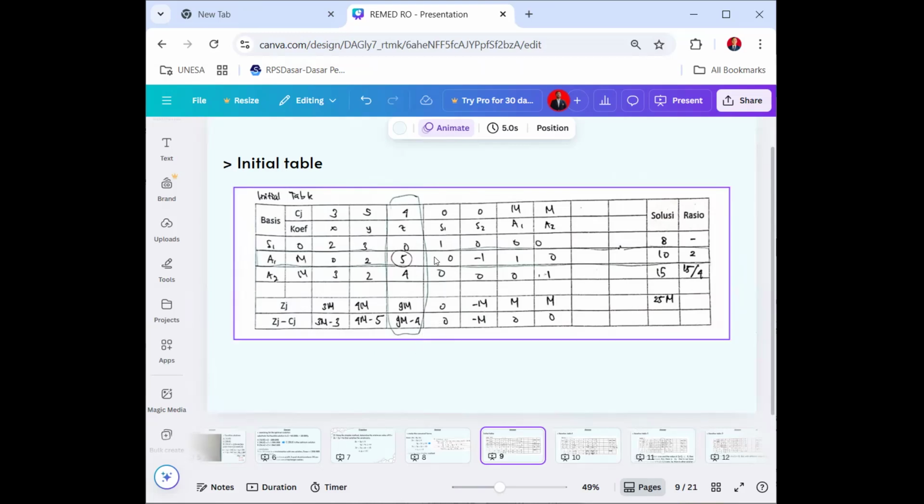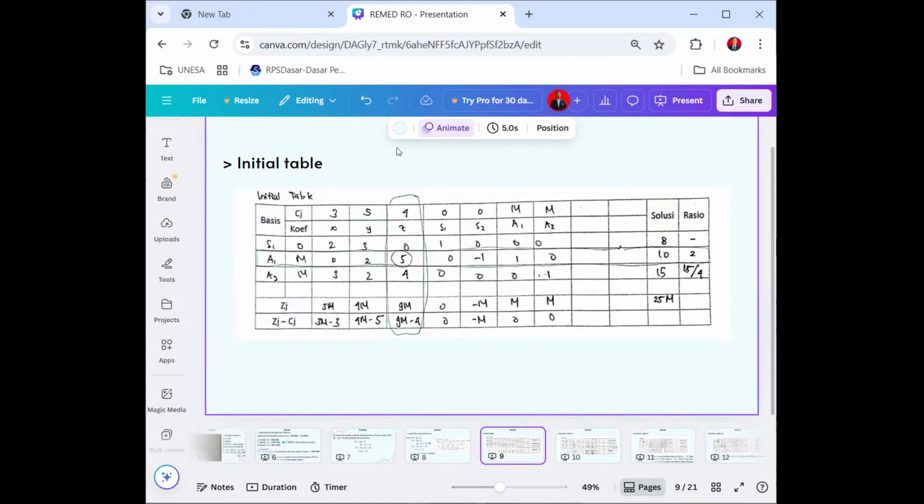In the simplex method, or big M simplex method, M is a very big number. So 9 times M is a very big number, bigger than all the other numbers in here, as you can see. So we choose this as the key column, or K column.